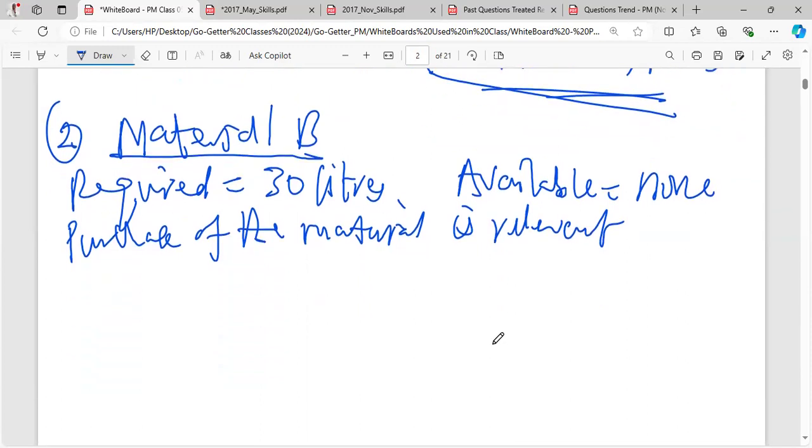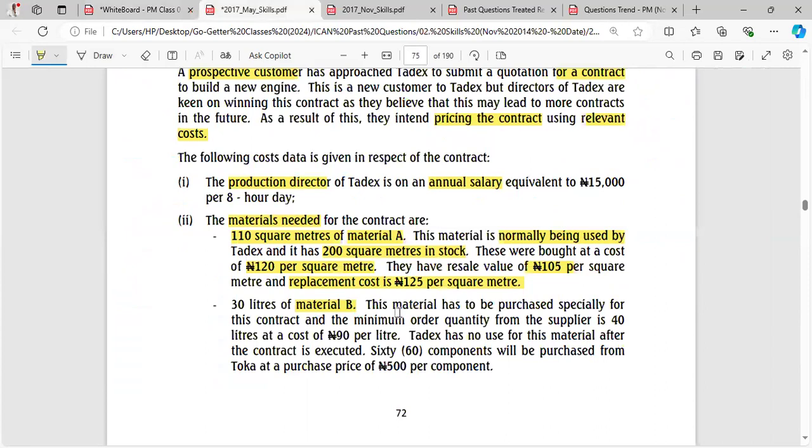So how much is the purchase cost? Let's see. They said this material has to be purchased specially for this contract. And look at the minimum order quantity from this supplier: it is 40 liters. You have need for 30, but you must buy 40 as the minimum at 90 naira.